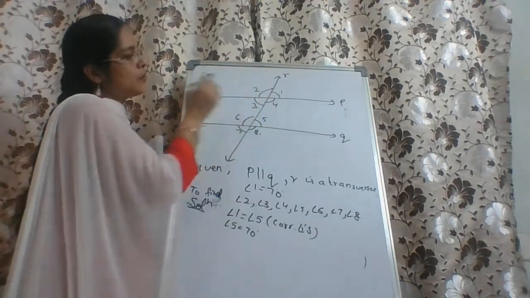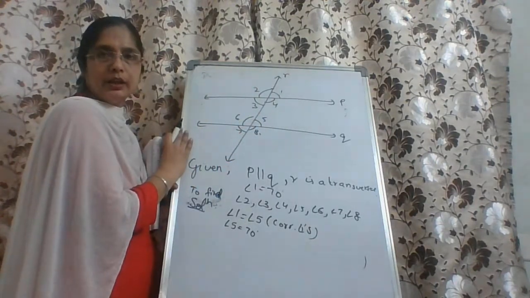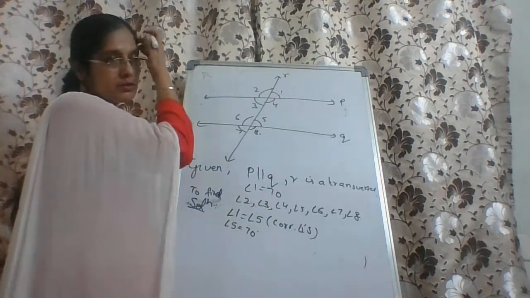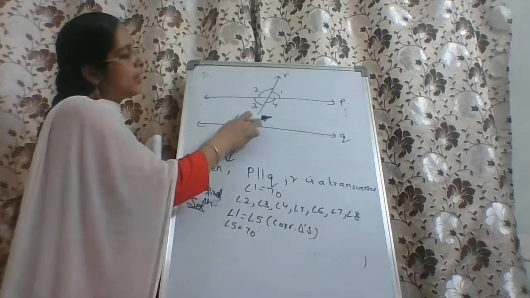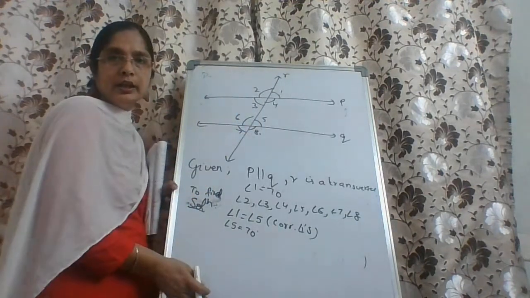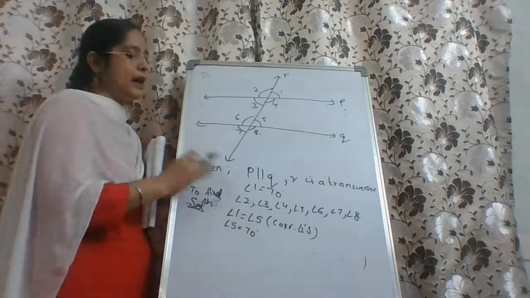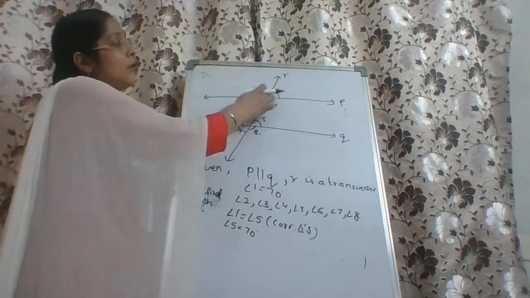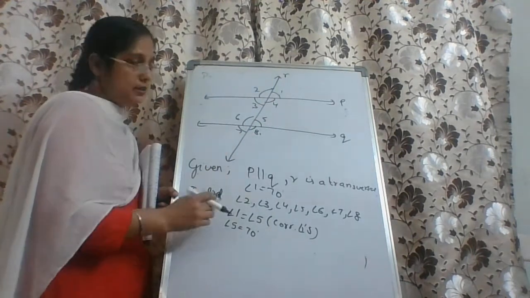See, angle 1 is also equal to angle 3, vertically opposite angles I can say. Or we can also say that angle 5 is equal to angle 3 because they are alternate interior angles. Since I am discussing only parallel lines, let me take it as alternate interior angles. But you can also take vertically opposite angles.